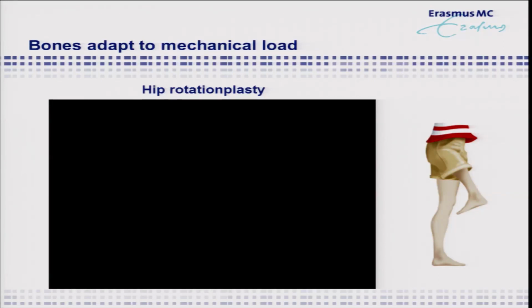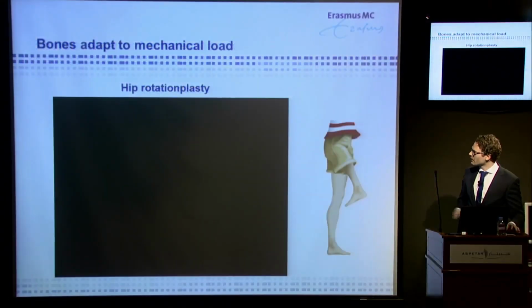When young children have bone tumors of, for example, their proximal femur, it's sometimes necessary to remove the complete femur, and then the proximal tibia is placed into the acetabulum. That allows people to have a prosthesis here with quite normal, well, I wouldn't say normal hip function, but they can function.